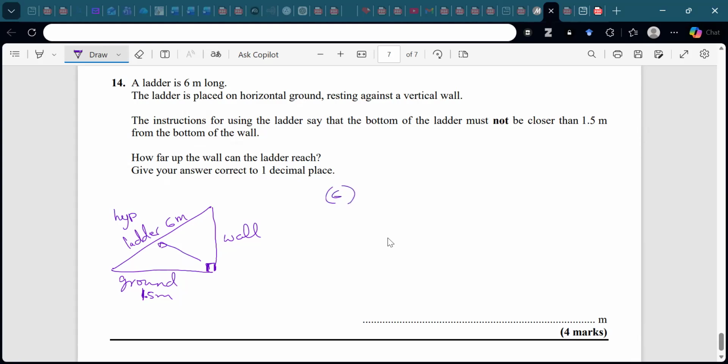So your hypotenuse, which is 6, squared, is going to be equal to 1.5 meters plus wall, and we're going to square it. You can just use that for now. So 36 equals 1.5 squared, 2.25, plus wall squared. All right, let's leave that for now.